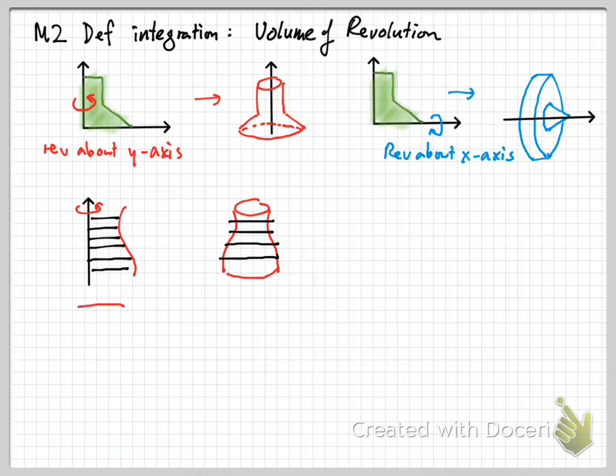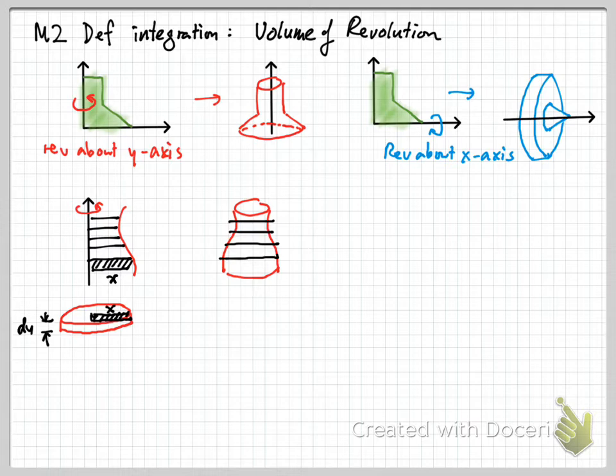For that circular disc, the surface area will be pi x squared, where x is the radius. But the thickness of the disc is dy.